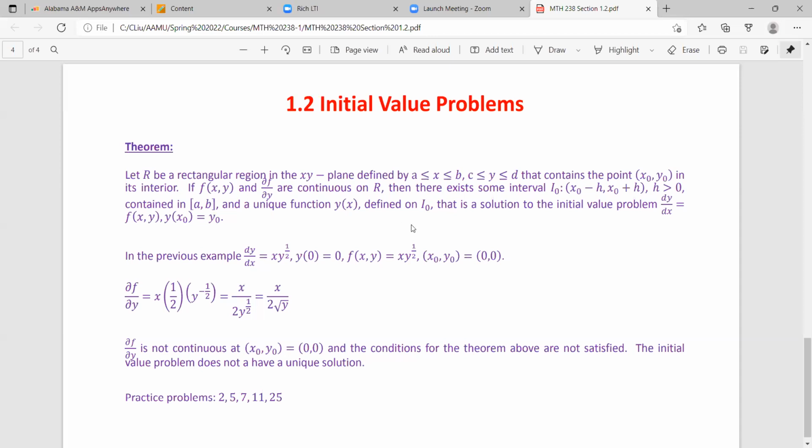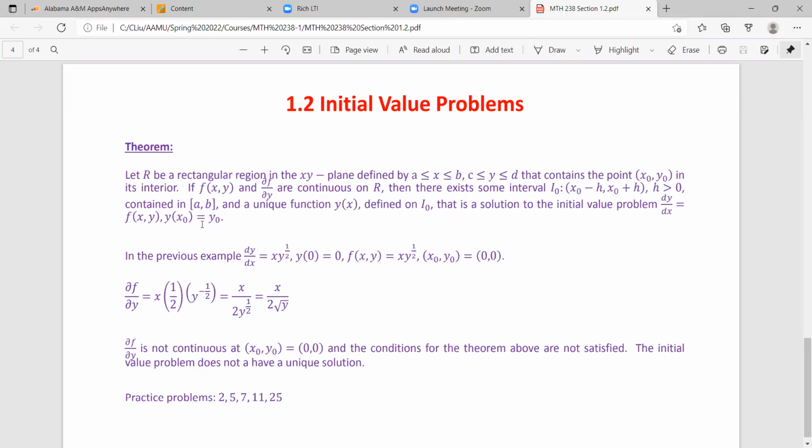If I translate this language into plain words, it says: if both the function f on the right-hand side of the first order differential equation and the partial derivative of f with respect to y are continuous on this plane region, then the initial value problem always has a unique solution.